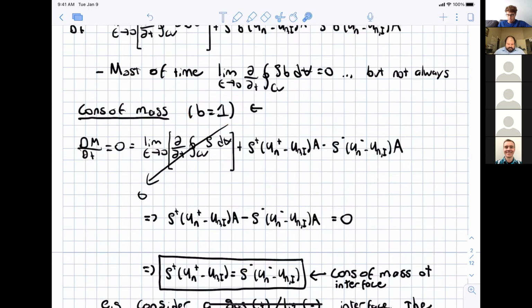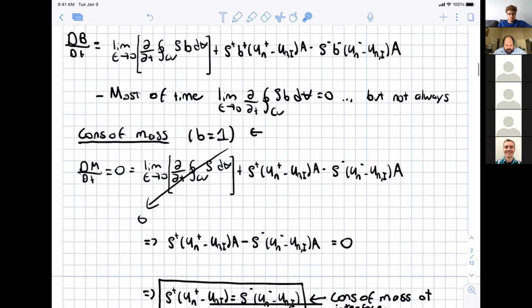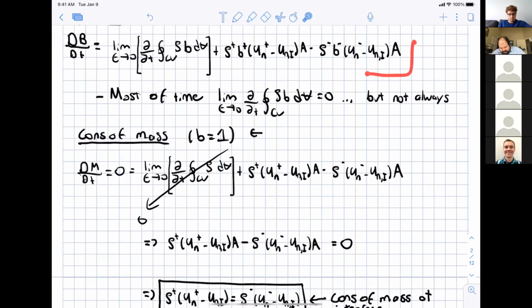That's pretty straightforward. So we apply this equation here with B equal to 1, and we just substitute in B equal to 1, and we get this expression here.